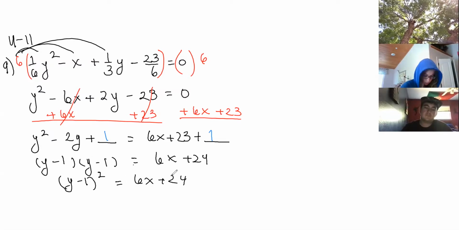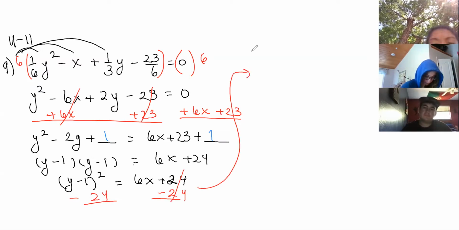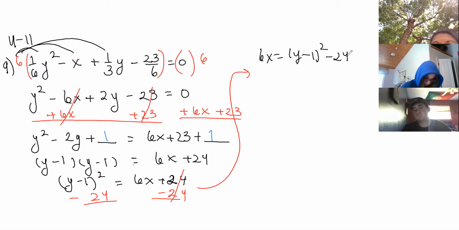And now I want to get x by itself. So what would I subtract over? 24. So that gives me 6x equals the quantity y minus 1 squared minus 24. And then I divide everything by what? 6.